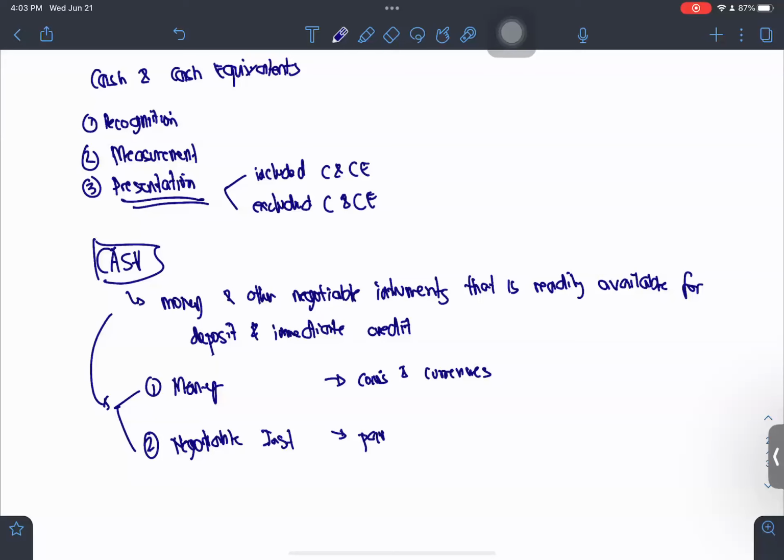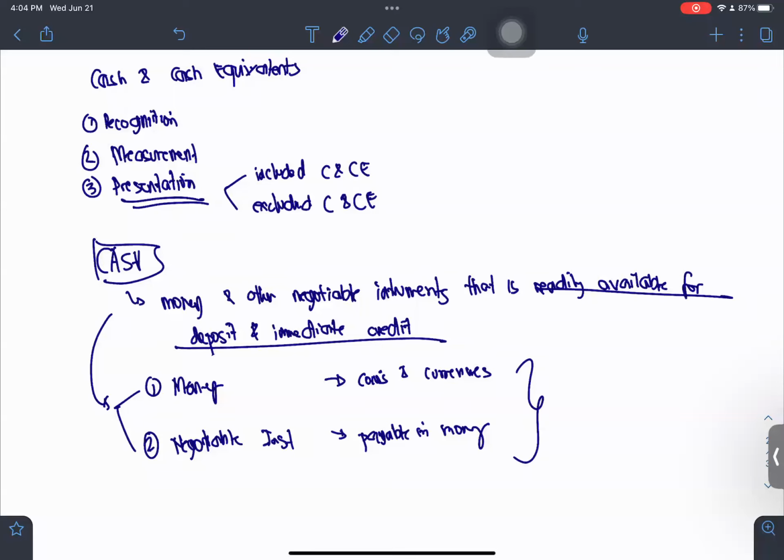Okay, anything that is payable in money. But what is the requisite so that we can say it is an item of cash? We said it is a cash if ever it is readily available for deposit and immediate credit. Therefore, we can say that the money or negotiable instrument is part of cash if ever it met this requisite.